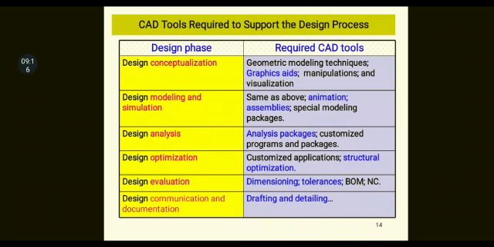Then the tolerances to be given, so plus or minus 0.02. Why these tolerances are very important: say in an aerospace application, you may even need to go to 0.0001, the third decimal, fourth decimal. Otherwise the component will fail. Say thermal shields are there.